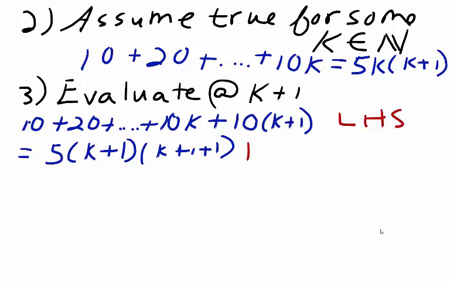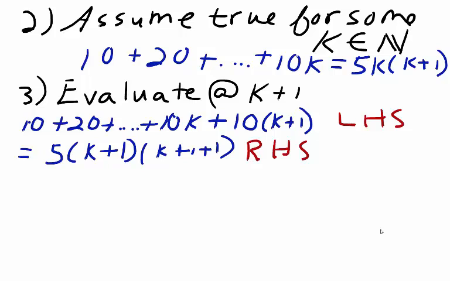This is our new right-hand side. Our job is to simplify the left and right-hand side and show that they are equivalent, or in other words, that our statement holds true. When we do this, we will complete our proof. So let's get started.